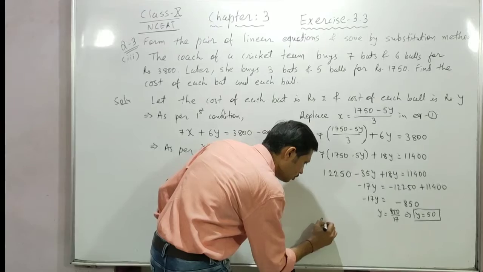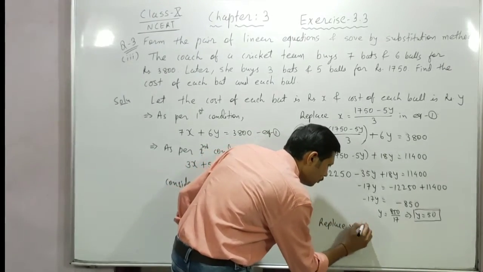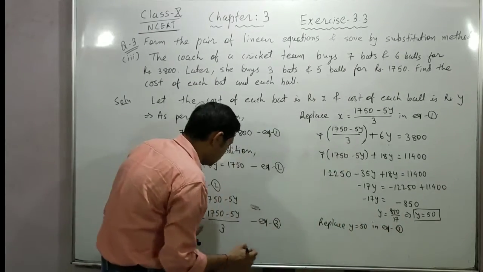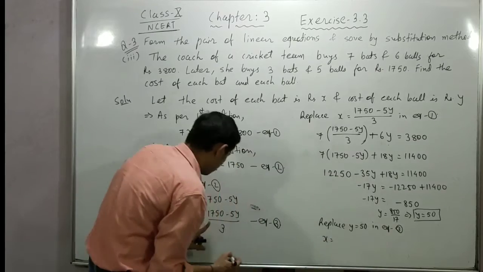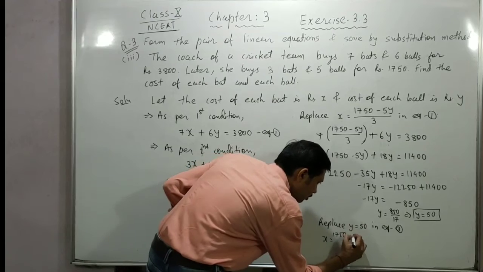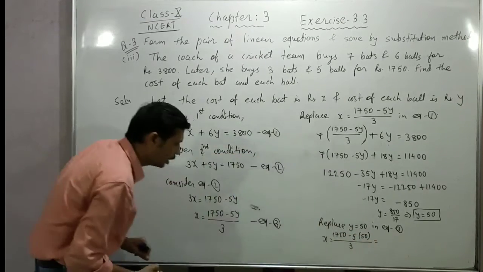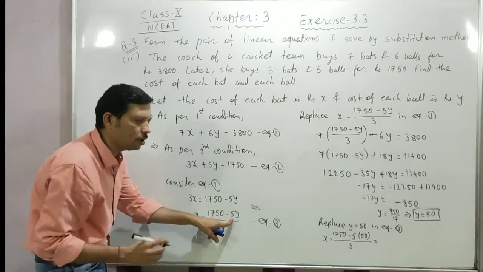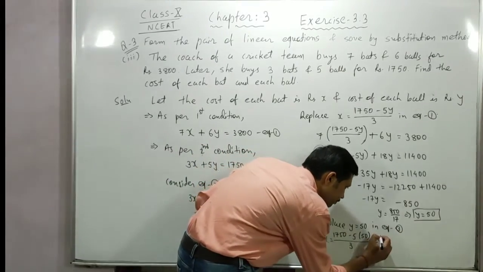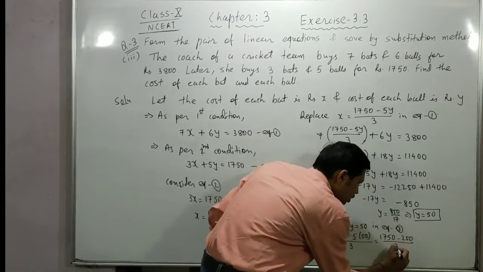Now we will replace the value of y in equation number 3. Replace y equal to 50 in equation number 3. So x equal to 1750 minus 5 into the value of y, that is 50, upon 3. 5 fives are 25, so it's 250 upon 3.